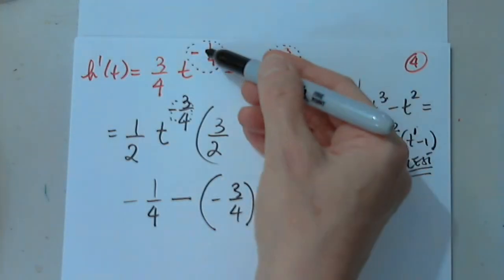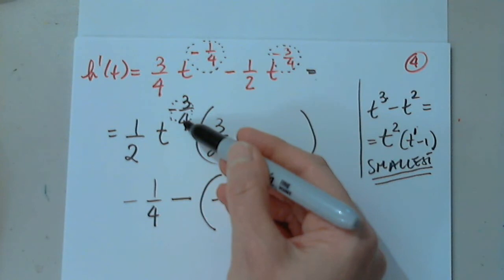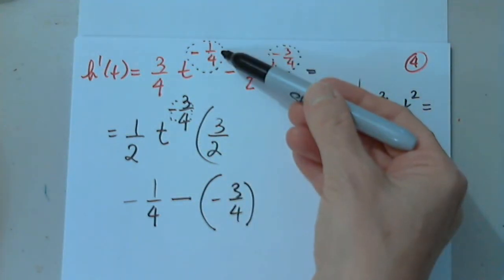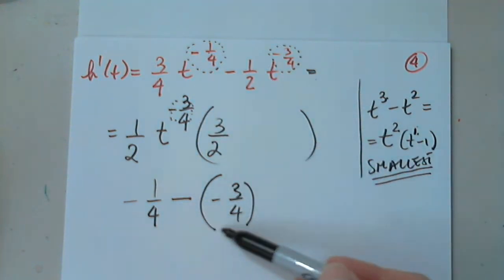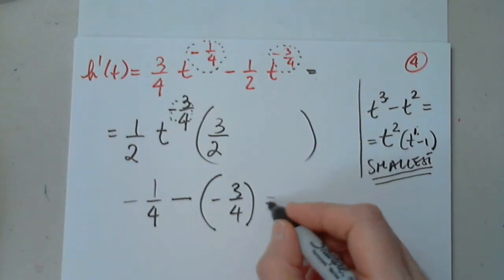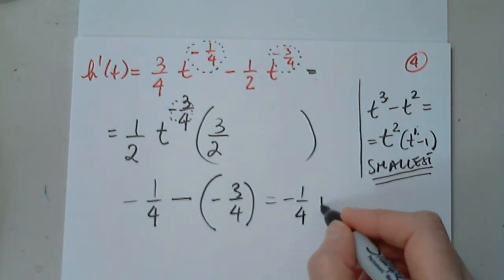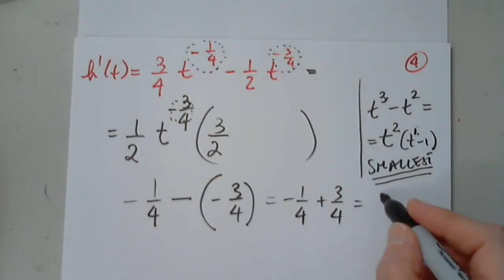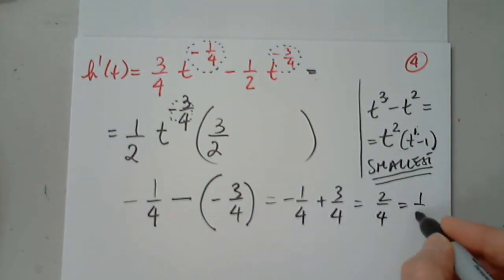So from this exponent, I subtract this exponent, but it changes the sign. So I will have -1/4, but plus 3/4, which is 2/4, or 1/2.